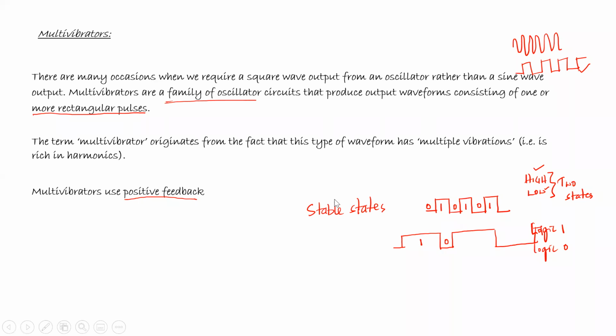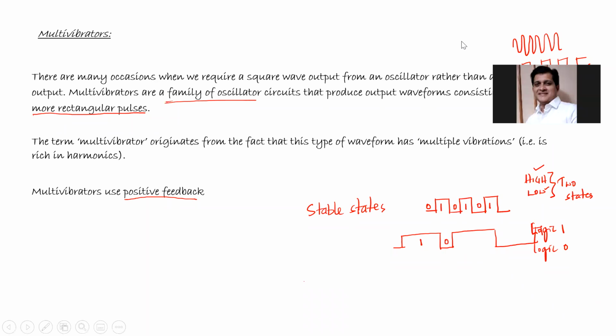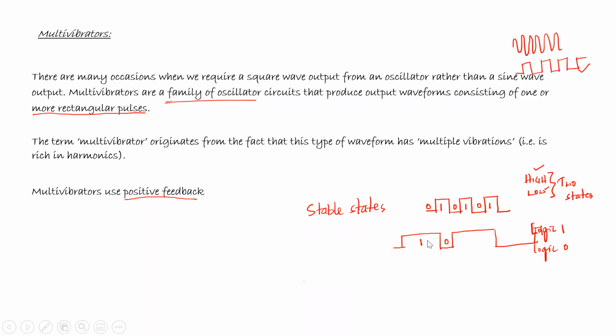Depending on which of these states are stable. Stable means what? Stable means the states which will stay at that condition itself without any external input applied. What I mean is, stability means no change.